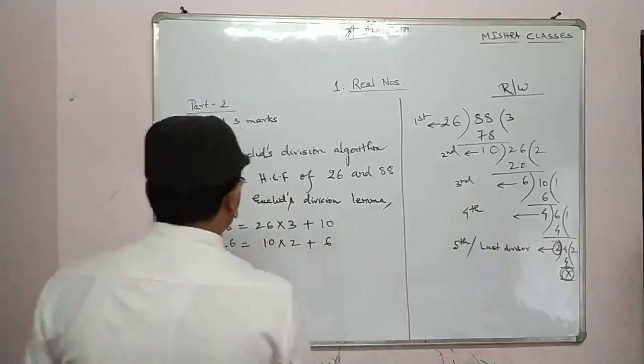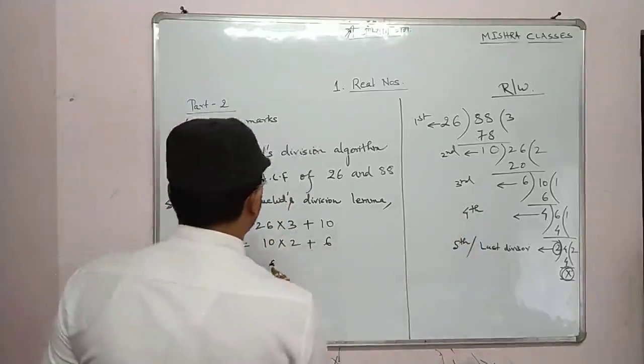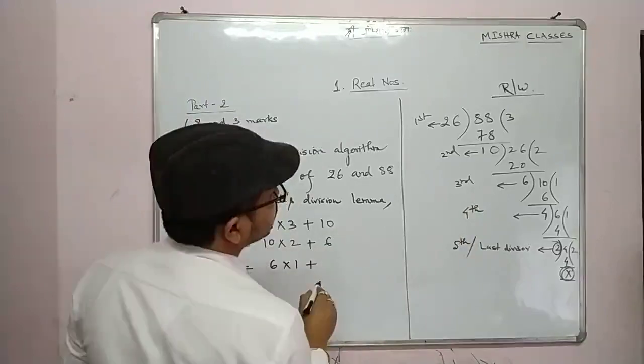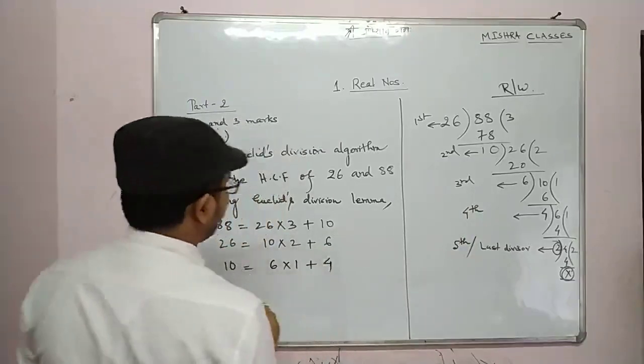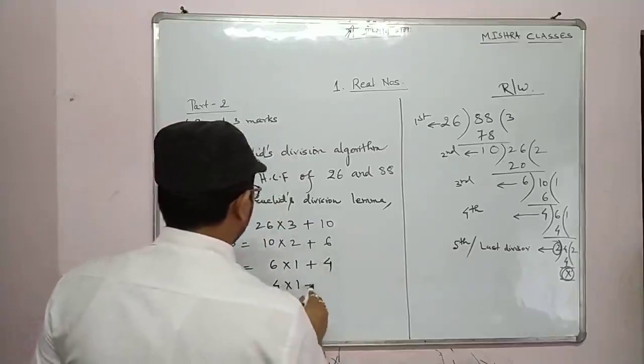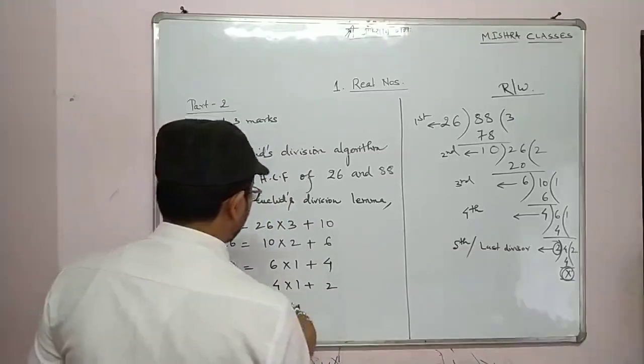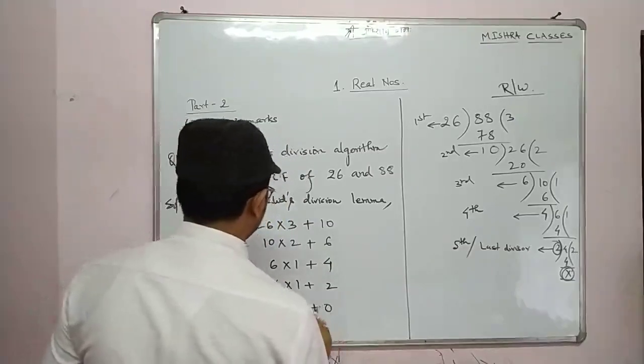Then 10 equal to 6 into 1 plus 4. Then 6 equal to 4 into 1 plus 2. Then 4 equal to 2 into 2 plus 0.